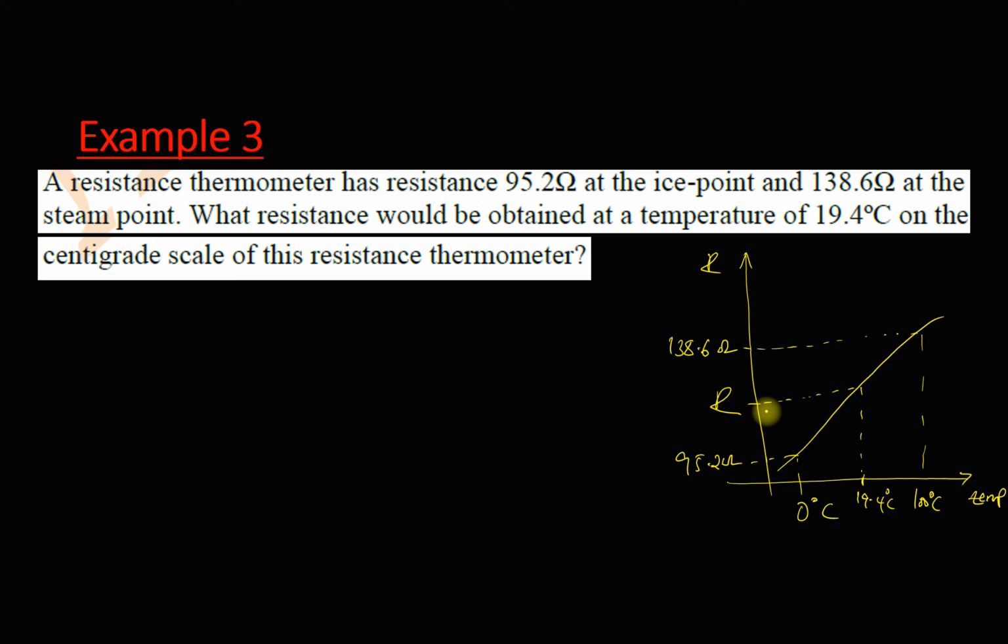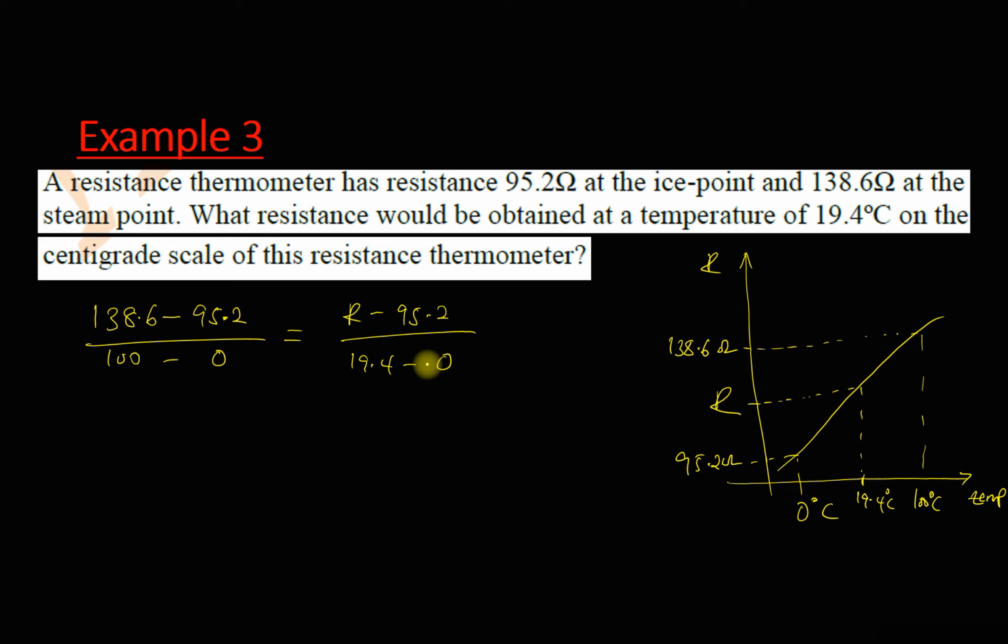So I would just use a gradient. I'll say 138.6 ohms minus 95.2 ohms divided by 100 minus 0 should be the same as R minus 95.2 divided by the temperature, 19.4 minus 0.